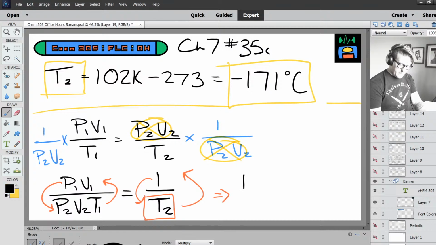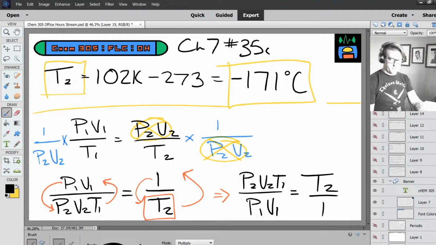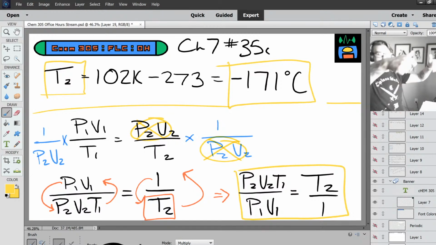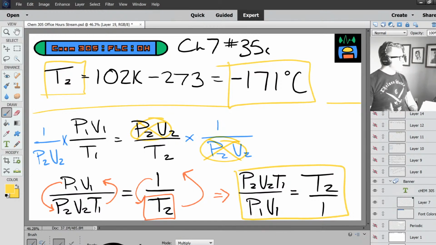You get P2 V2 T1 over P1 V1 is equal to just T2, T2 over 1. And this is the form of the equation that my algebraic steps led me to. So doing it that way is totally valid. You just can't stop with T2 in the denominator. But take the reciprocal, flip everything around, and you get to the exact same place that I did. We climbed the same mountain, but from different sides. Algebra is a beautiful thing.